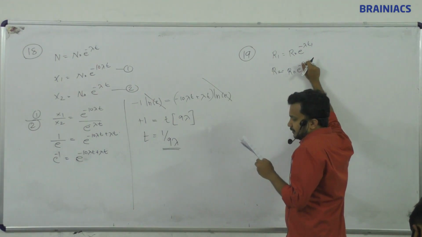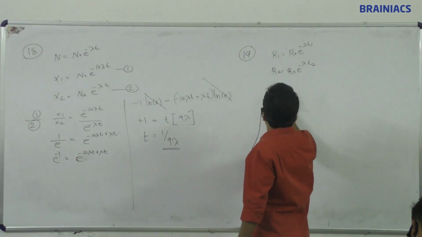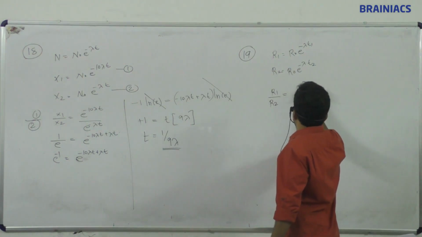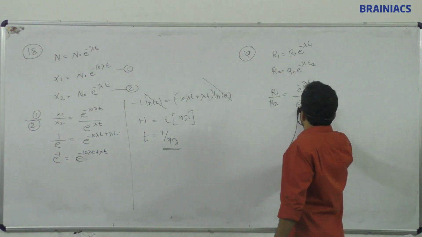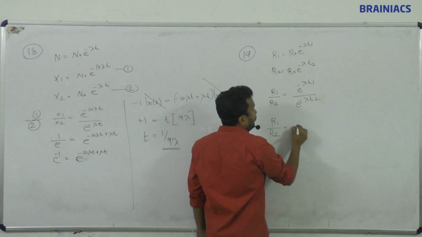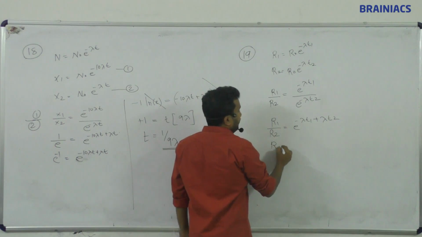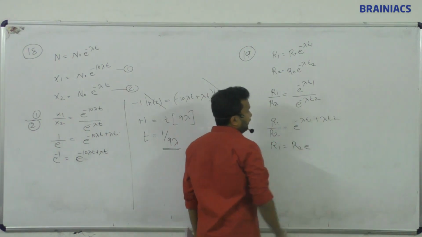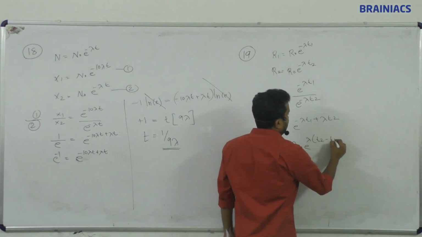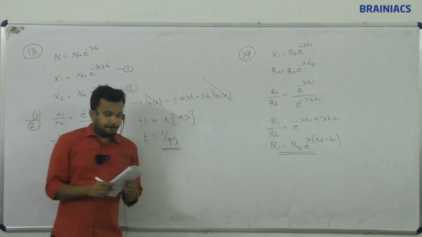So I am dividing R1 divided by R2. R0 cancels. R1 divided by R2 is equal to e power minus lambda t1 plus lambda t2. So R1 equals R2 into e power lambda into t2 minus t1. Option D.